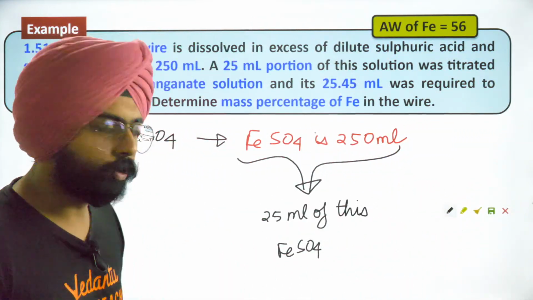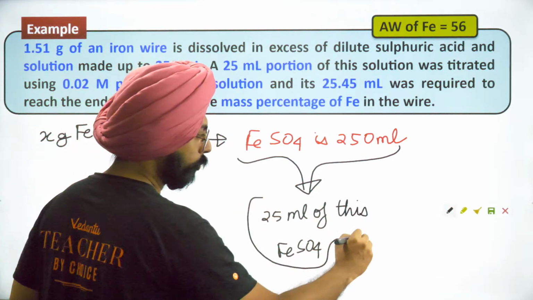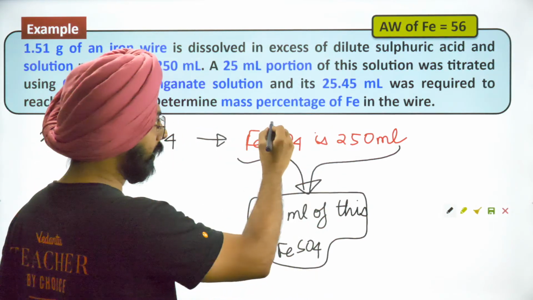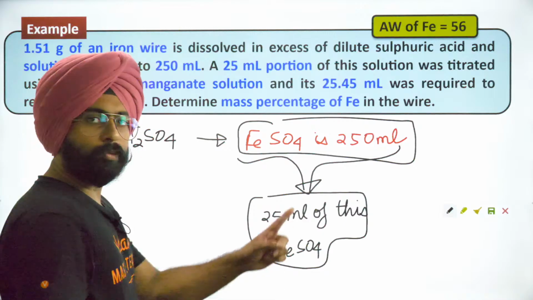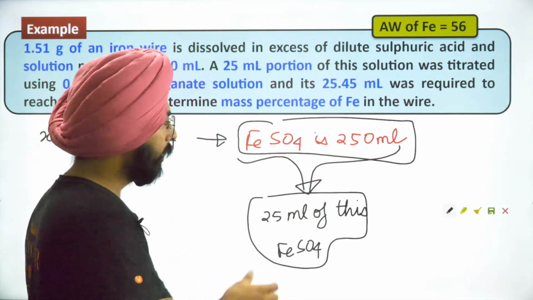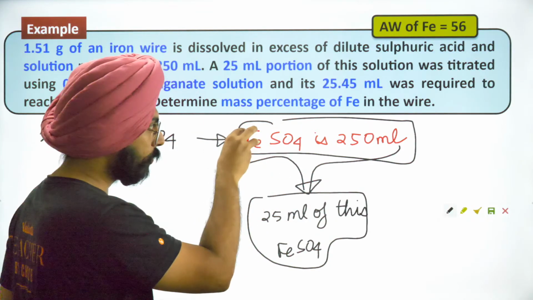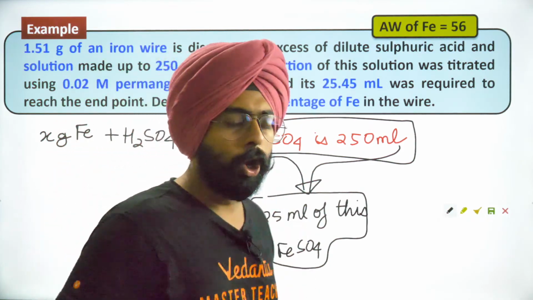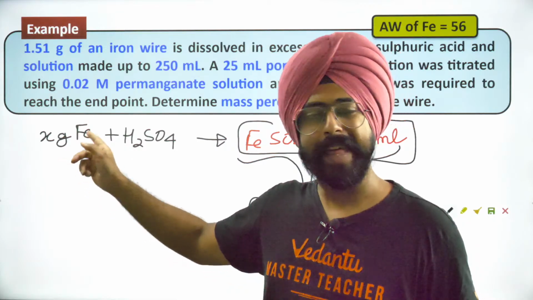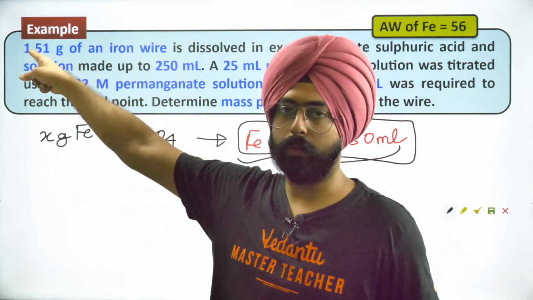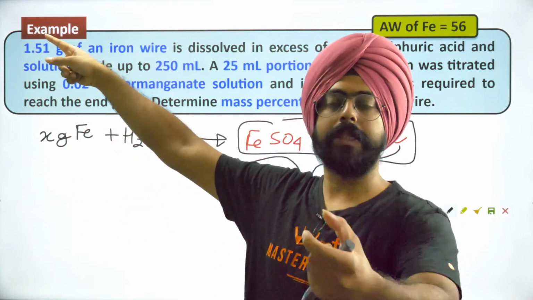If I'm able to determine the molarity of this solution, you would know how many moles of FeSO4 you have. If you know the moles of FeSO4, you know the moles of iron you have. If you know the moles of iron, you know the mass of iron you have. That mass can be compared against 1.51 to calculate the percentage purity.